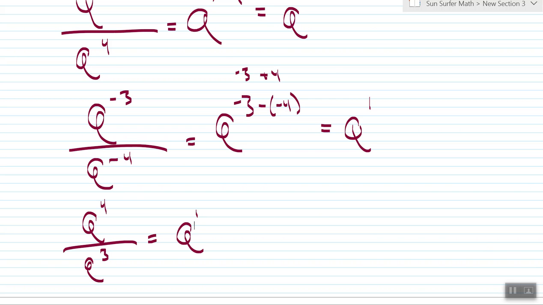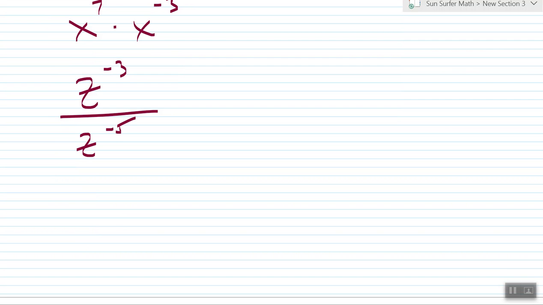So let's do some exercises. I'm going to put a few exercises on here, and as always, stop the video and try them out and then check and see how you did. So first of all, let's just say we have x to the 7th times x to the negative 3, z to the negative 3 divided by z to the negative 5. And let's just put in a couple more.